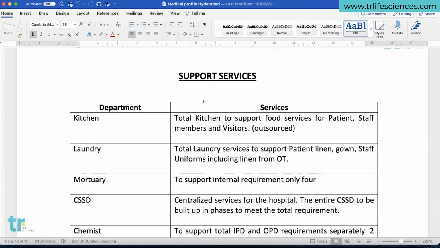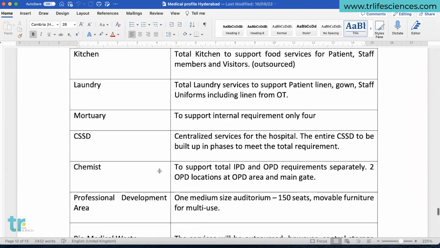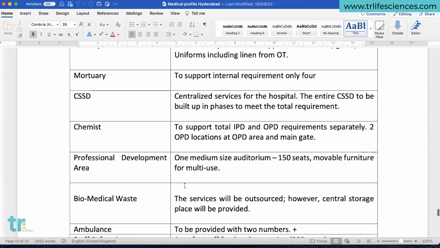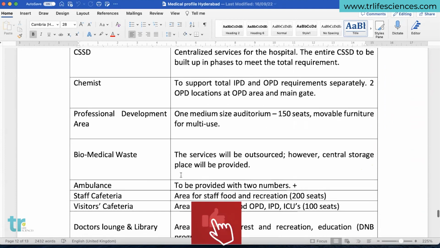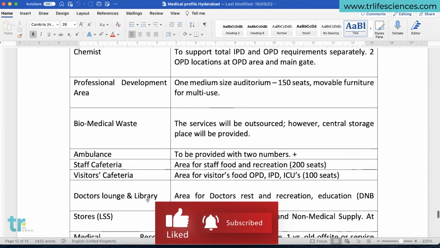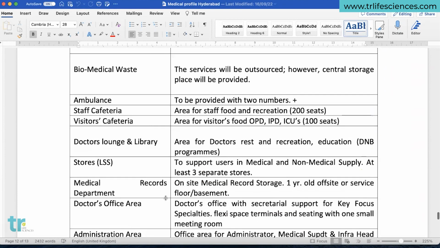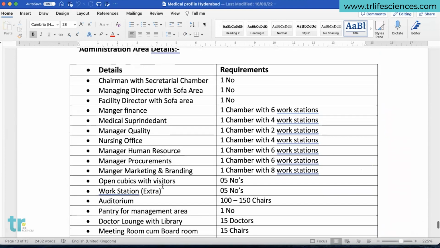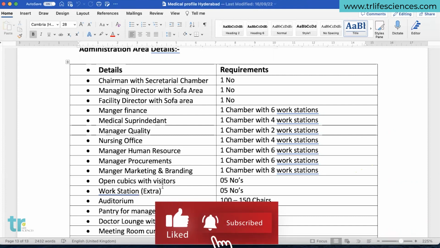Then the other support services which we will be providing, like kitchen, laundry, mortuary, CSSD, chemist, shops and the number of shops, areas where they have to be proposed, professional area development, auditorium, biomedical waste department, ambulances, staff cafeteria, visitor cafeteria, doctor lounge, and stores. Then the administration area details: what chambers and rooms will be required, like for FD, chairman, MD, manager finance, MS, nursing, HR, and procurement.